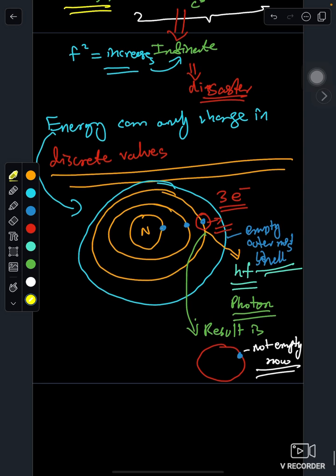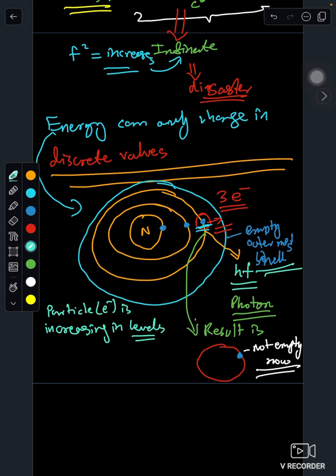Here the particle, the electron, is increasing in levels.